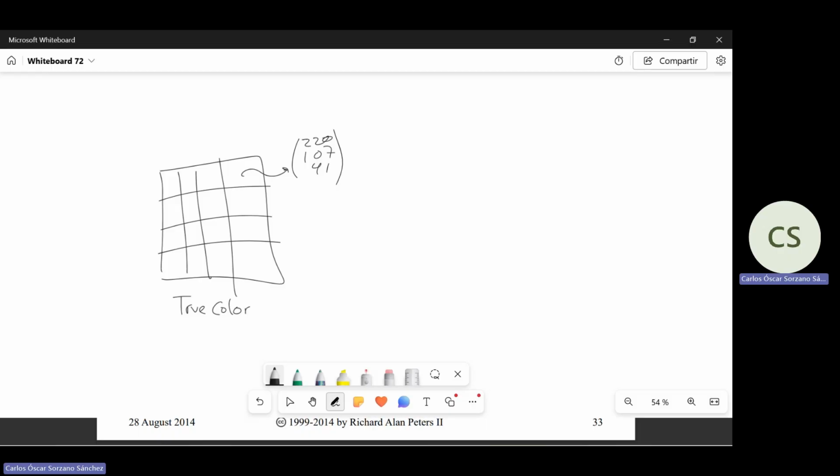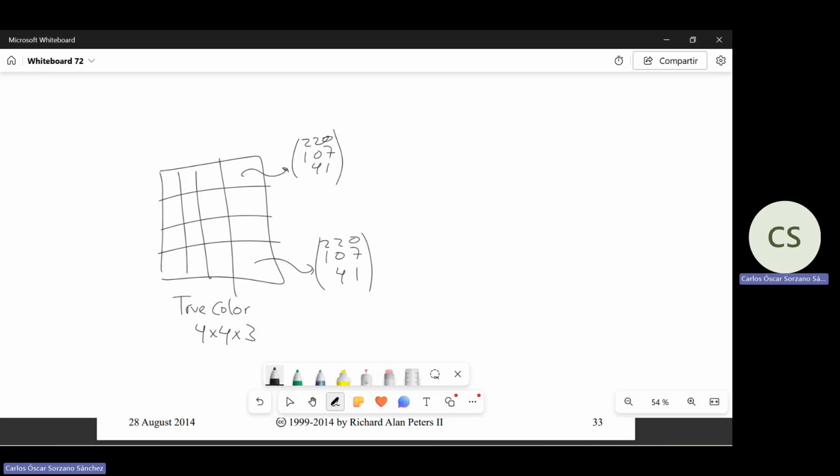And then for this one, I also happen to have the same color. It's the same color. So how many numbers do I need to represent that? So I have 16 pixels. For each one of these 16 pixels, I need 3 numbers. So this true color image needs 4 times 4, that is the 16 pixels, times 3 numbers. This is what I need.